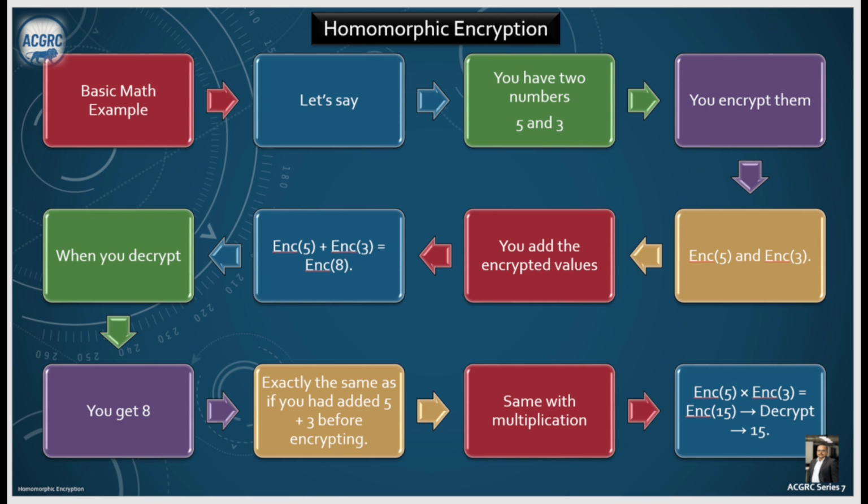The whole idea is to secure the original content, and the final result does not change because of that. You add values, either it is plus, minus, or multiplication. You get a result. The result is also encrypted, and then you get a decrypted value. That's the objective.